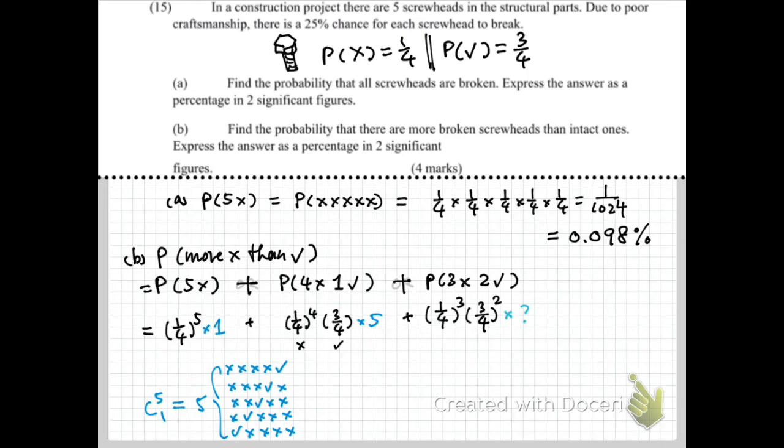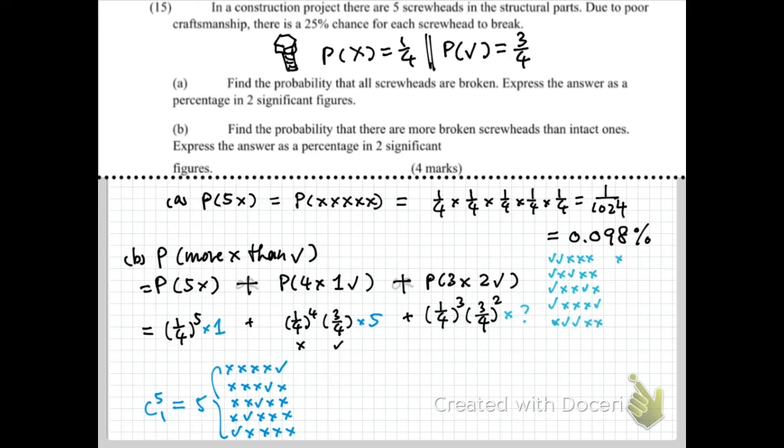Once again, you can do it manually, like you can have 2 ticks and 3 crosses. Well, it is quite a lot of counting to do it this way. While I'm drawing the counting, you can try the nCr method to see how many times this particular branch is going to repeat. Well, let me see.